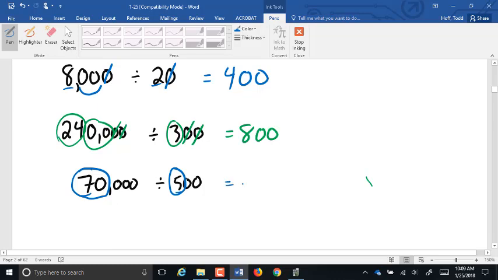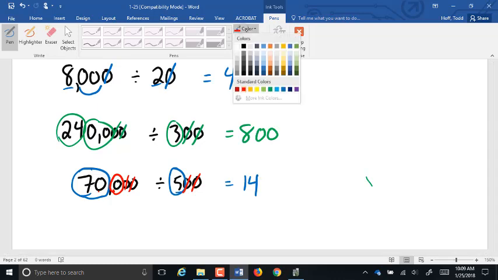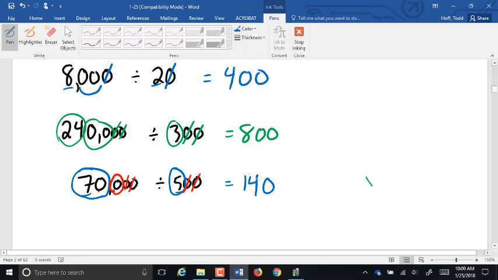Yes, it does. 70 divided by 5 is 14. We cancel out 2 zeros and 2 zeros. That one was already used, so all we have left is 1 more 0. It's 140. Now again, it's not something I'm going to specifically ask you to do, but as you're doing these estimates, it's a skill that's good to have.